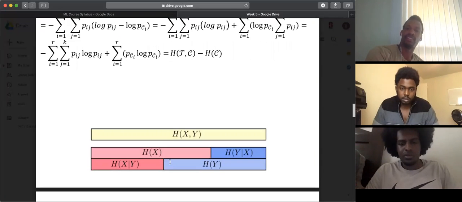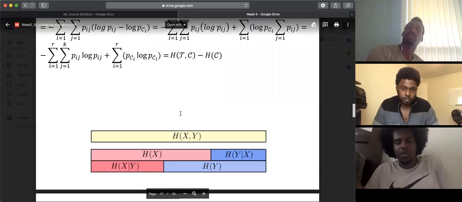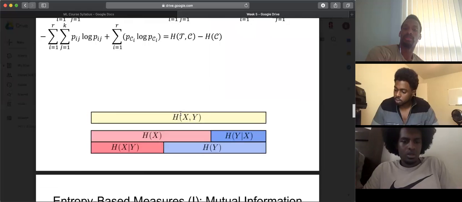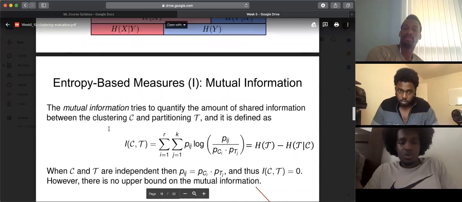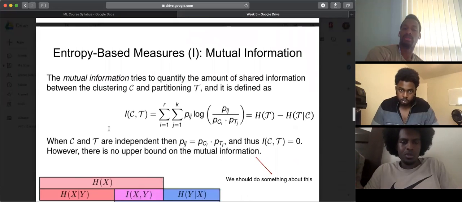And so they've done that same kind of graphic again here. You have the total entropy of x and y. You've got the entropy of x, and then the entropy of y given x, and how they're symmetric. So we have mutual information. There is mutual information to be gained between the clustering itself and the ground truth partitions.